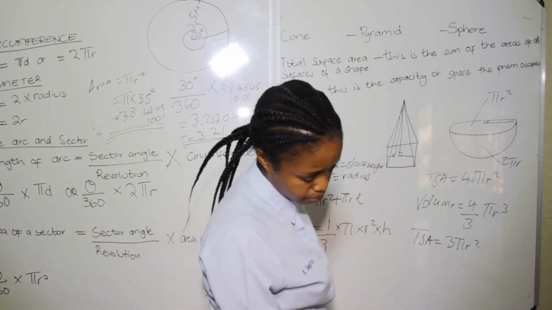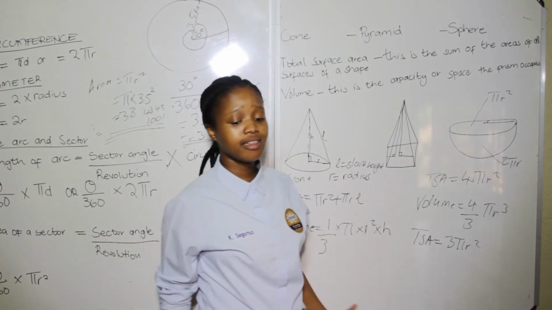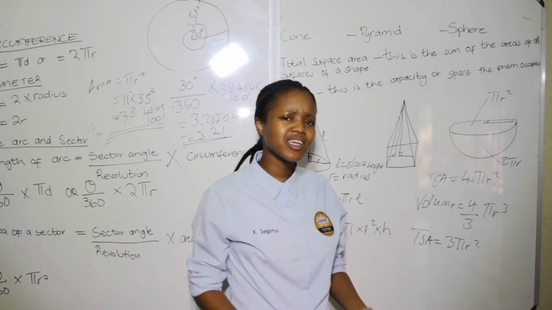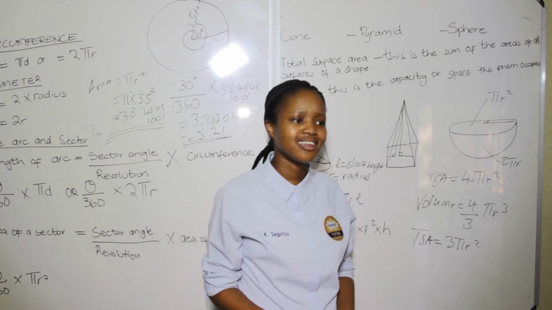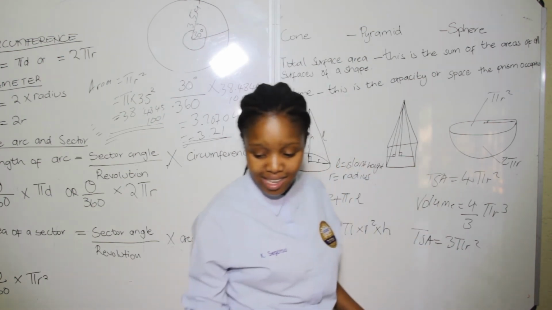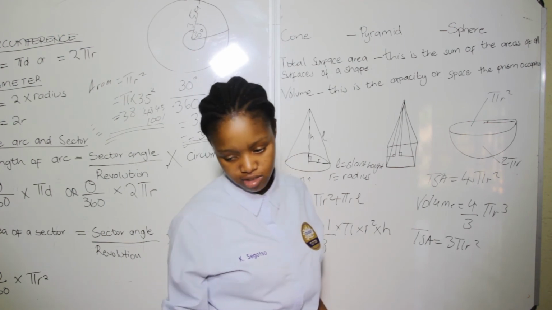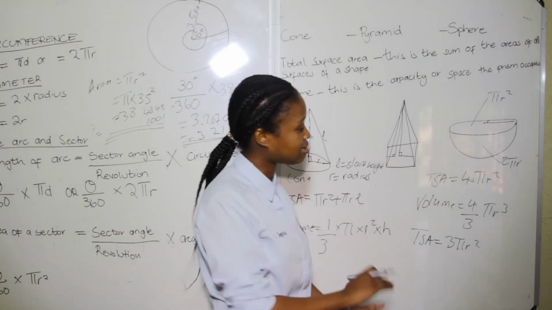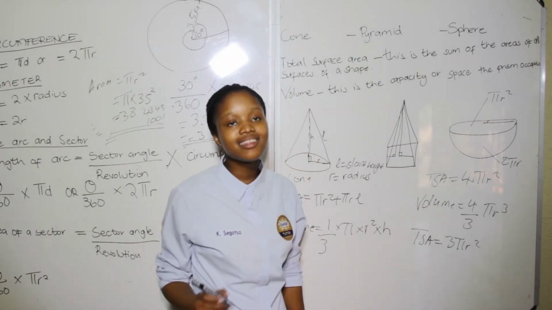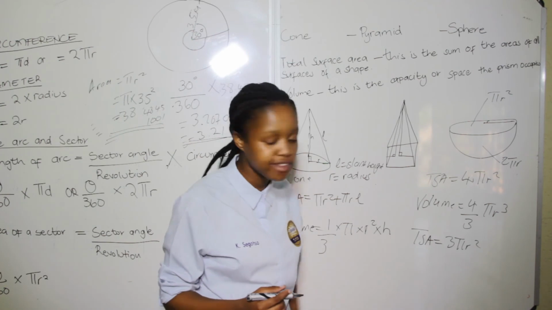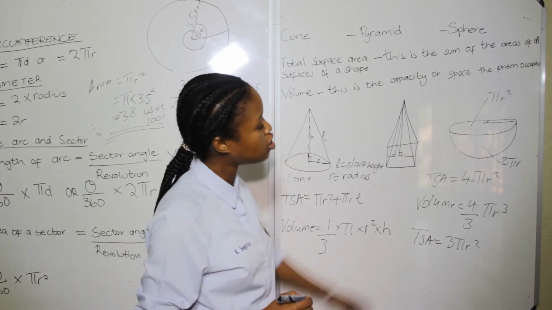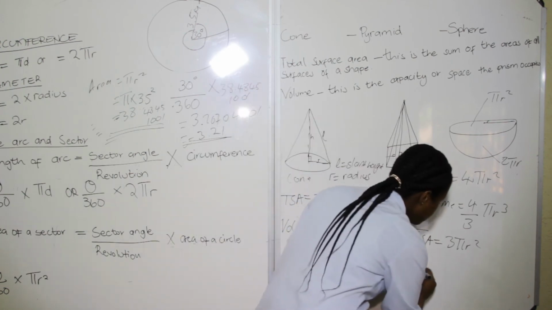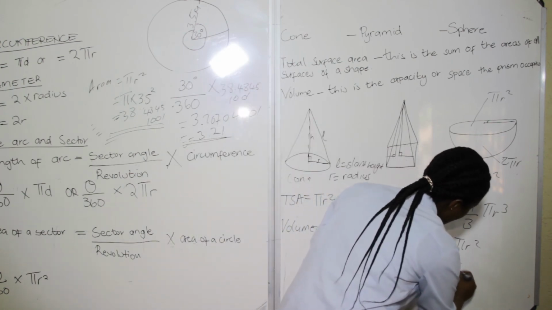Sometimes this hemisphere, I think we all know a bowl, right? A bowl sometimes cannot have anything inside. So when it doesn't have anything inside, now it changes. Something that is hollow is something that doesn't have anything inside. So the area of a hollow hemisphere is going to change. It's not going to be 3 pi r squared, but the total surface area is going to be 2 pi r squared.